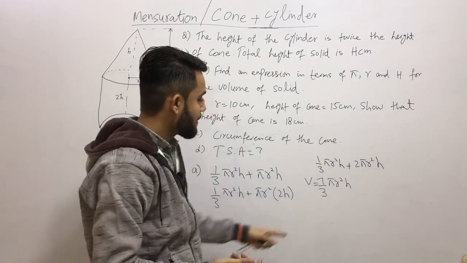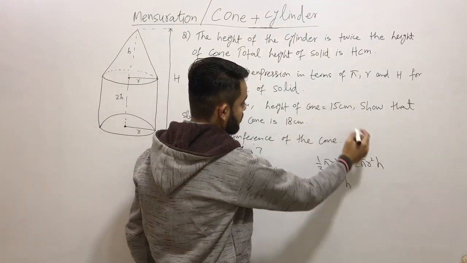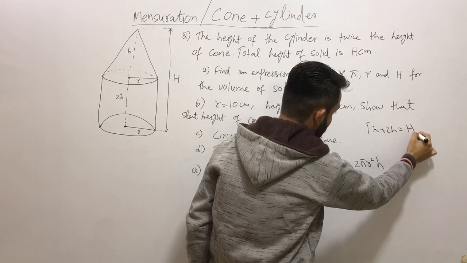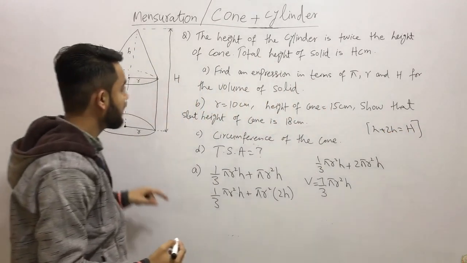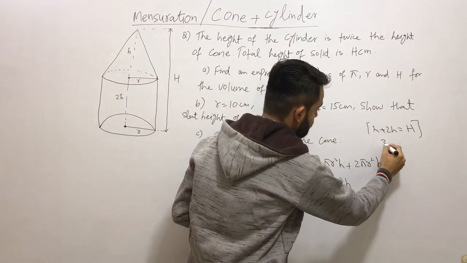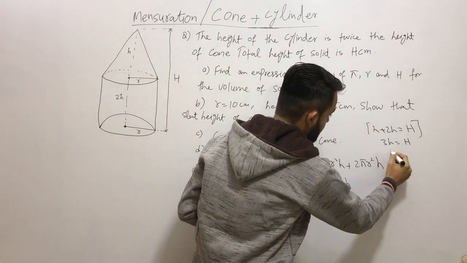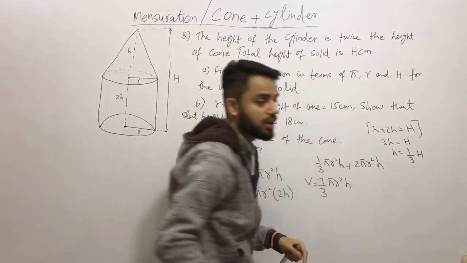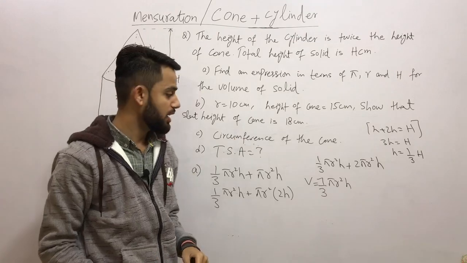Now small h plus 2h gives you capital H. So 3h is equal to H, and the value of h is 1/3 times H. That is the value of small h that we got.